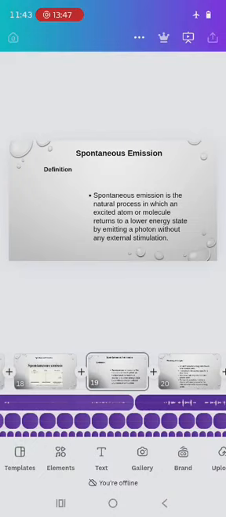What is spontaneous emission? Spontaneous emission is the natural process in which an excited atom or molecule returns to a lower energy state by emitting a photon without any external stimulation.